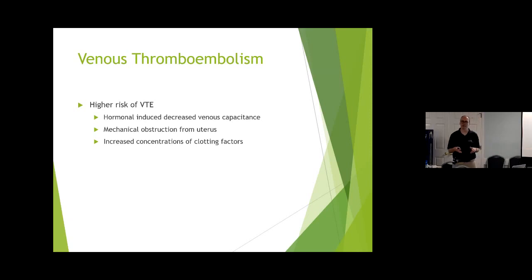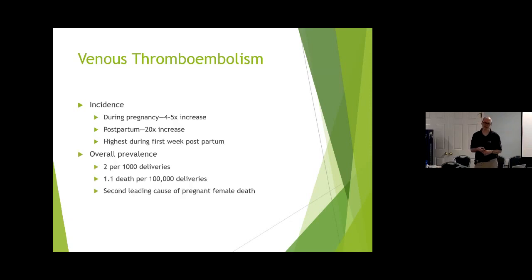So we know that postpartum patients are higher risk for venous thromboembolus. There's a hormonal induced decreased venous capacitance. You get mechanical obstruction just from the fetus blocking the inferior vena cava, so blood flow is not moving as much from your lower extremities. And you have increased concentrations of clotting factors.